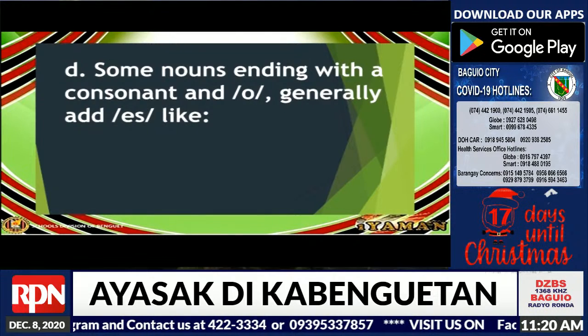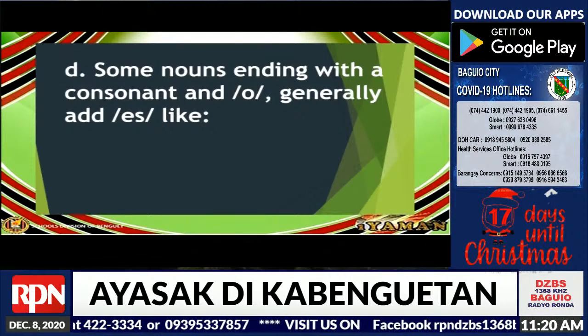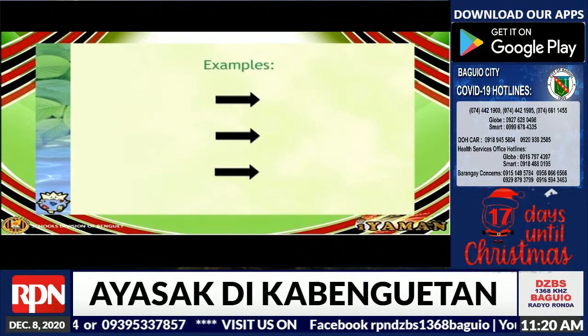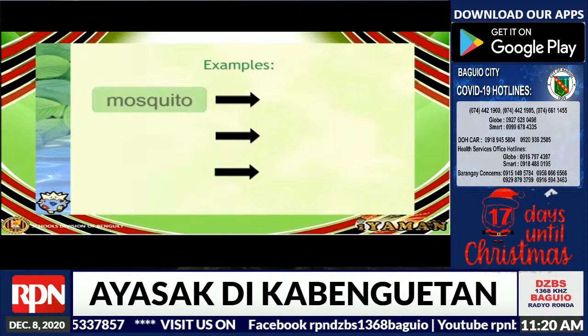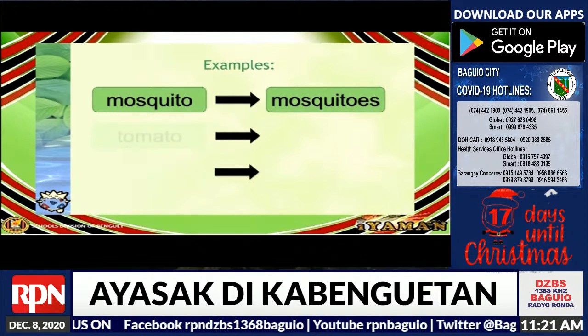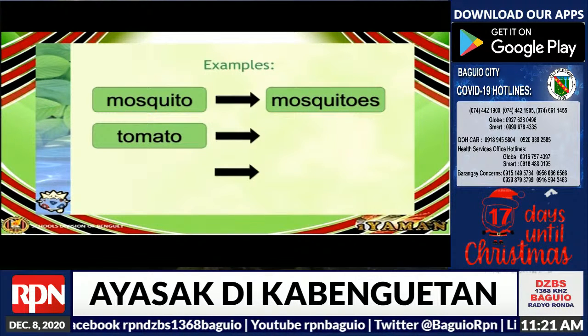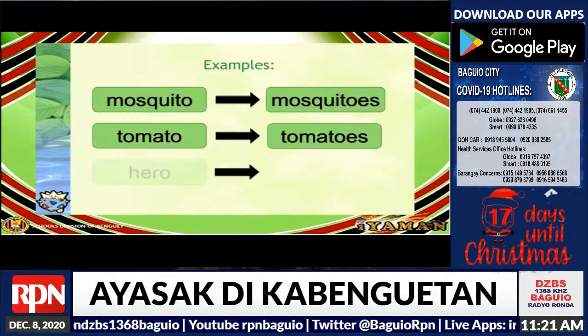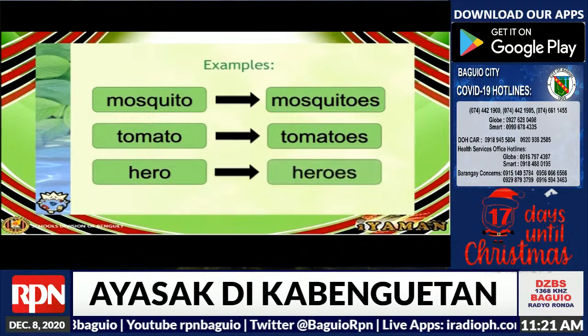Some nouns ending with a consonant and o generally add es, like the examples. Mosquito, add es, mosquitoes. Tomato, add es, tomatoes. Hero, heroes.